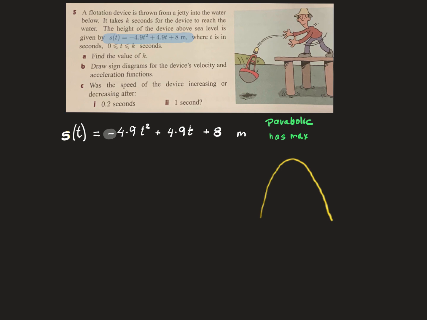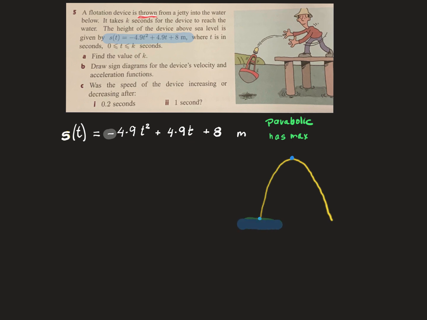But we all know also that this device was thrown, and I mean thrown, not dropped, from a jetty. So it did not begin its path from the bottom here, and also it will not be thrown from the very maximum. Now let's presume that it's thrown into the water.